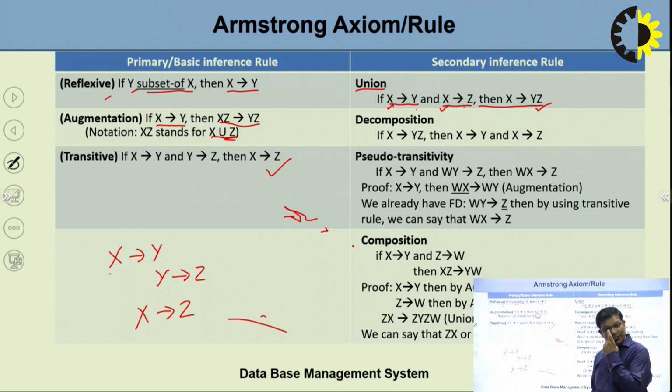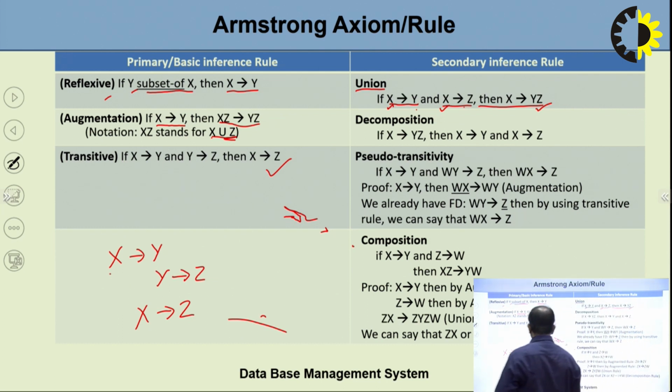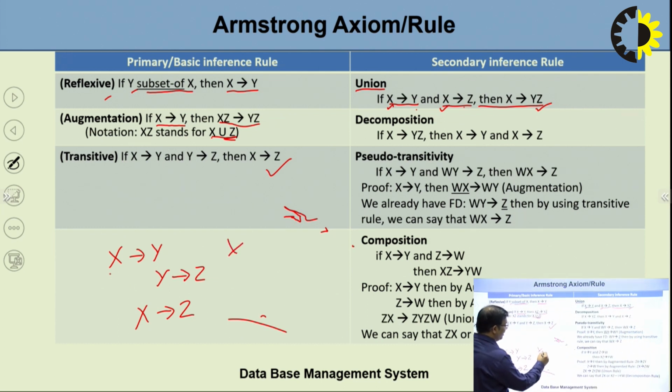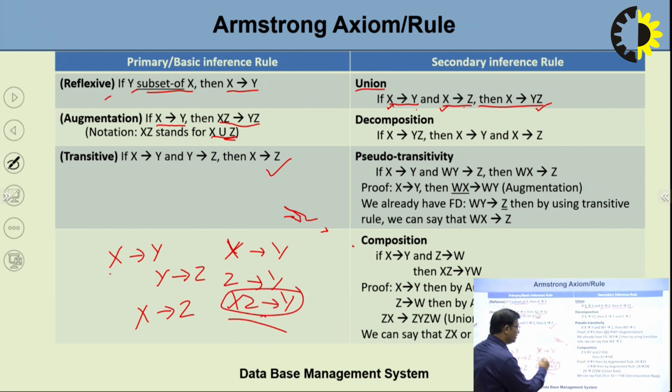In the same way, if x tends to y and z tends to y, then can you write xz tends to y? You need to identify this particular issue because this is very important.